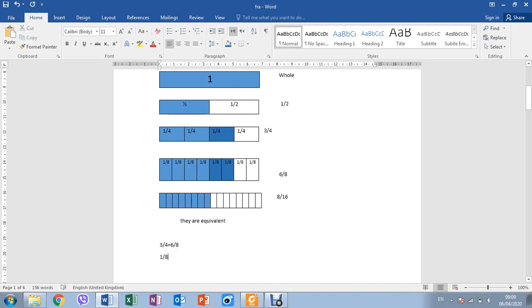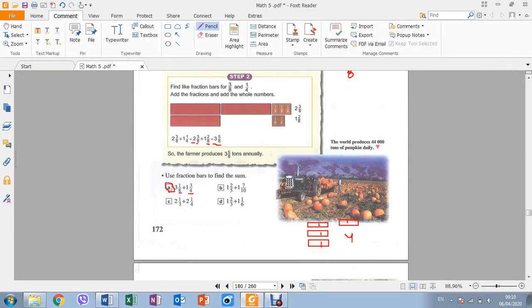Now we plus these two fractions together. 1/8 plus 6/8 equals what? We have the same denominator, only we put down the denominator, 1 plus 6, 7. 7/8. So our answer for the fraction is 7/8.